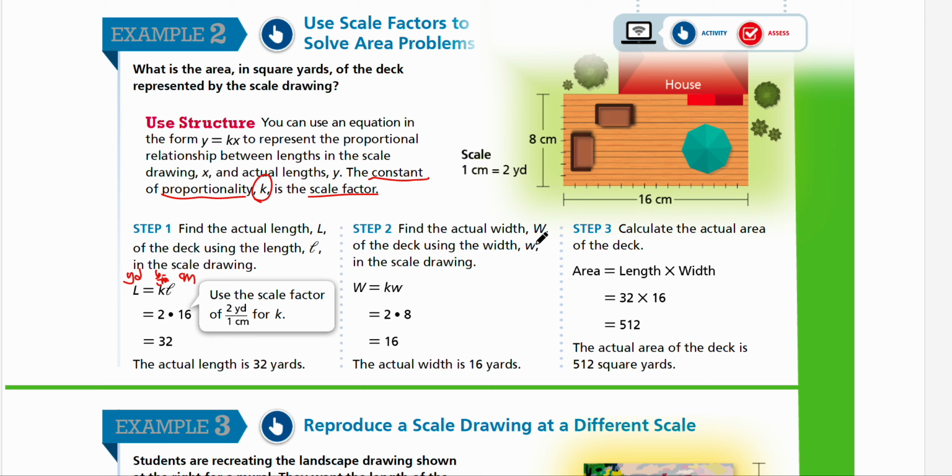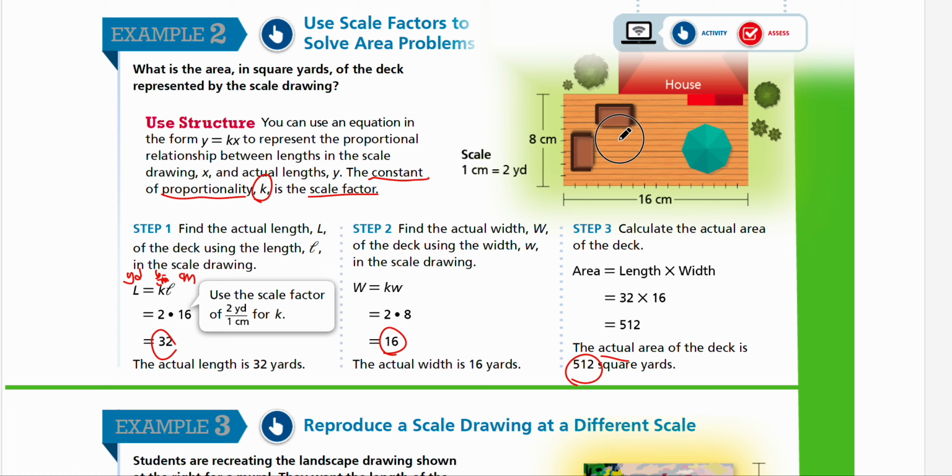Same thing for the actual width: k times w, 2 times 8, 16. Area is length times width, so 32 times 16 is equal to 512. So the actual area of the deck is 512.